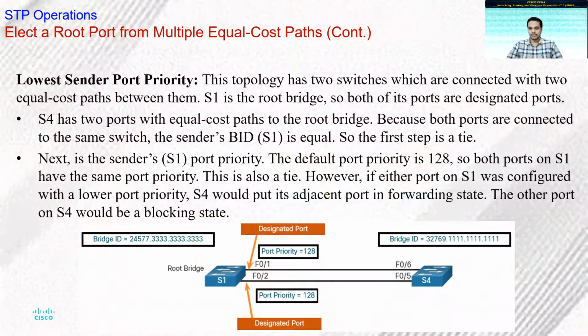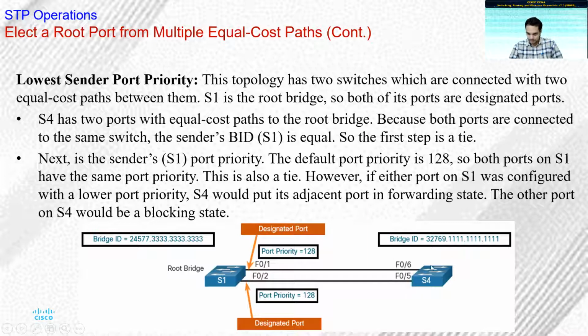The second option is for this particular kind of scenario. There are only 2 switches and for redundancy's sake, I have 2 lines attached to it. Here, once again, the default port priority for a Cisco switch is 128. Obviously both will have the default priority unless set otherwise by the administrator. But if the administrator sets the port priority of one of these ports on S1 to be less than 128, the port attached to that on S4 will become the root port and the other port will become the alternate port.